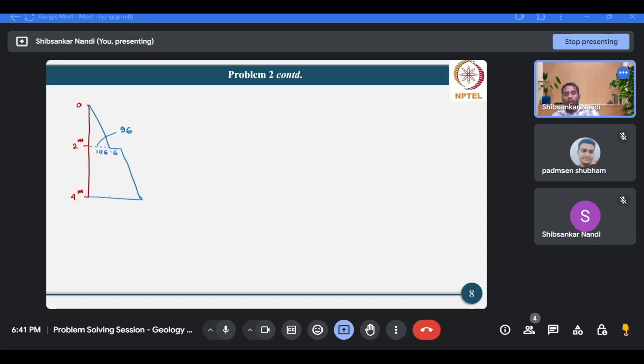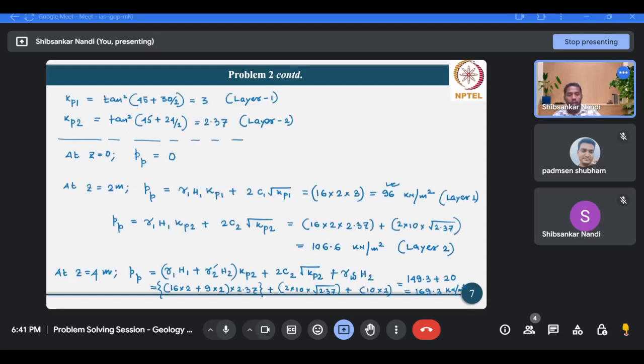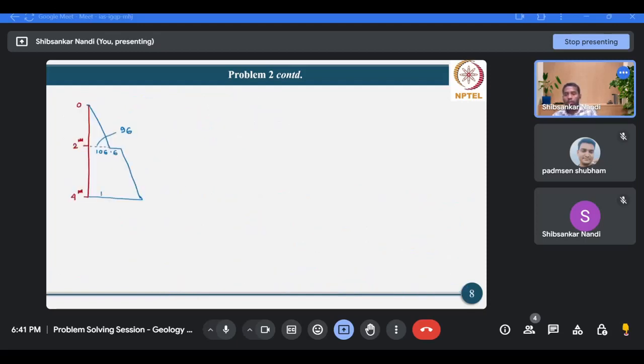This is your 106.6, and that will end at a value of 149.3. And additionally you consider the water part. So it will start from 0 at the interface and end at a value of 20.